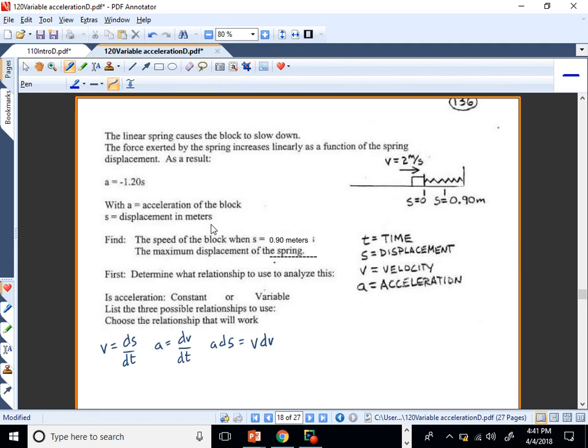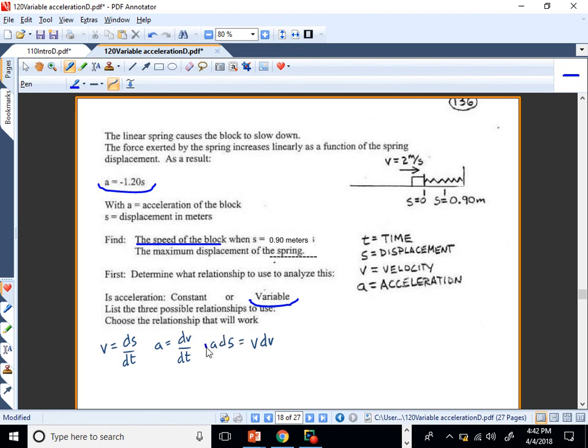So if it's variable, we're going to use those calculus relationships there. Which one are we going to use? Have a look at what you got. We want to find the speed of the block. Third?